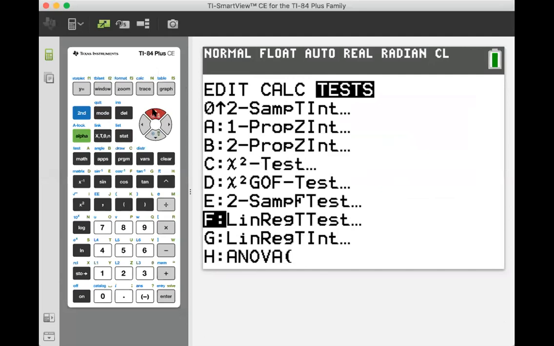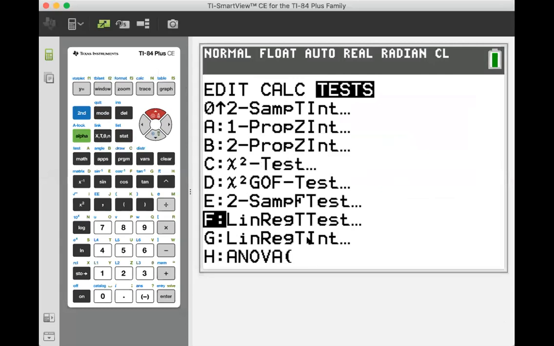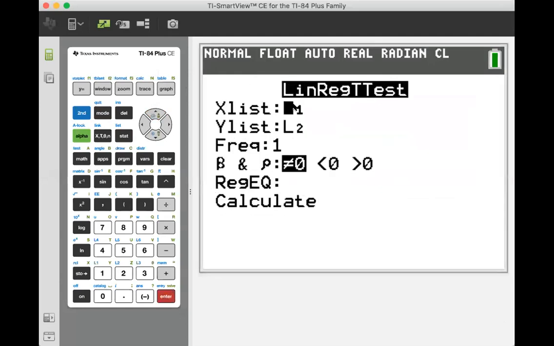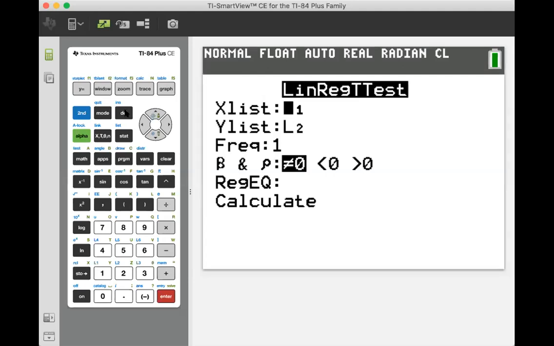And Lin-Reg t-test is this one right here. Do not get it confused with Lin-Reg t-int. Lin-Reg t-test. So I'm going to hit enter. And list 1, list 2, frequency 1, not equal 0. Leave that blank and calculate. If there's something there, just delete it. Hit the delete key or clear it to get rid of that, okay?